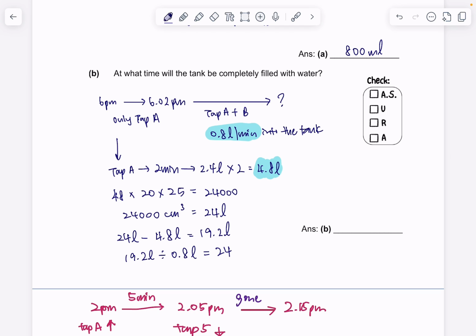This is actually the rate, and the unit for this is actually in minutes. That means it takes us 24 minutes to fill with 0.8 liters per minute into the tank.